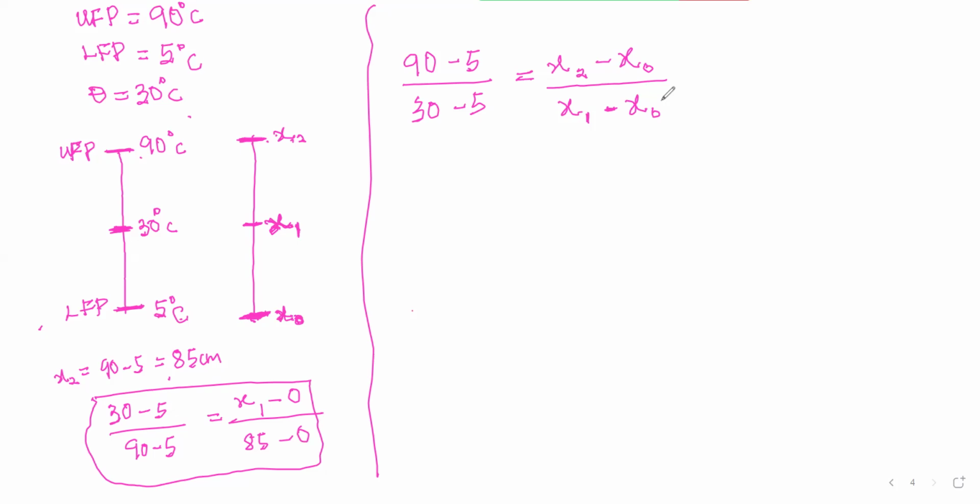All right. So this is 85 over 25, which is equal to x2 divided by x1. What is x2? We realize that x2 would be equal to 90 minus 5.